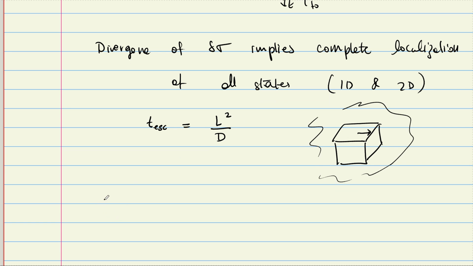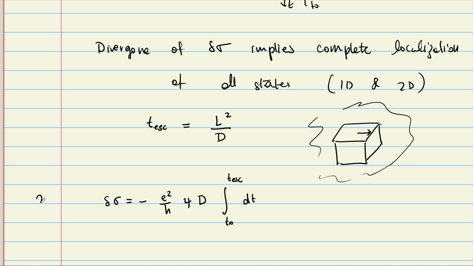Then this delta sigma is going to be minus E squared over H. Let me also put that for B, and it is going from this T naught to T escape dt.